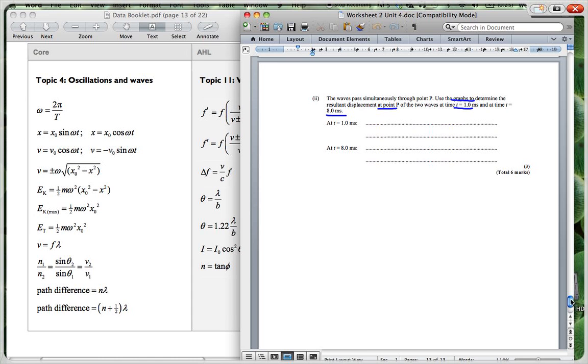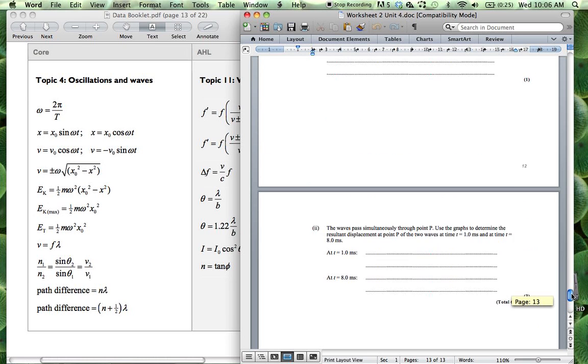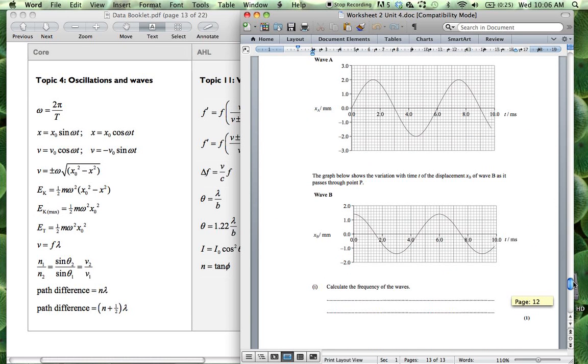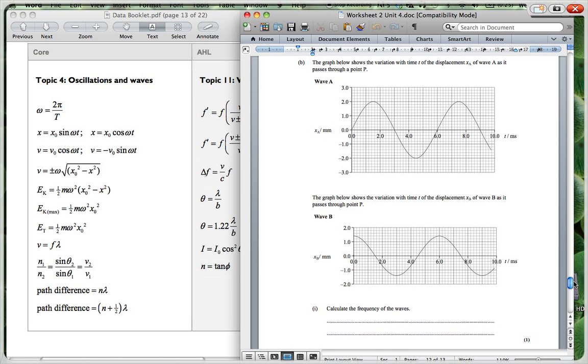So I'm going to do this up here where the graph is, so we can actually see it on the graph. So we're looking at 1 millisecond, and we are looking at 8 milliseconds. So let's start off with 1 millisecond. This is over here.